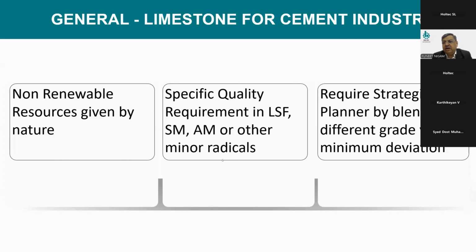And third, we require strategic planning to blend different grades of materials, and the plant requires consistent material quality with minimum deviations, because if the deviation is high, the plant will stop or malfunction and it will create problems. So these three things are unique for the cement industry.